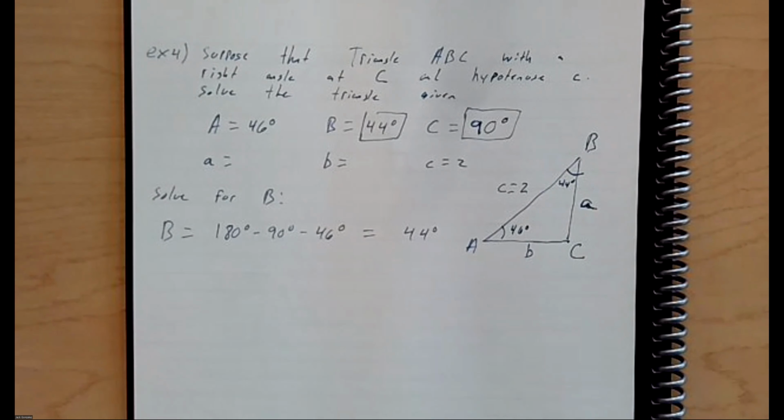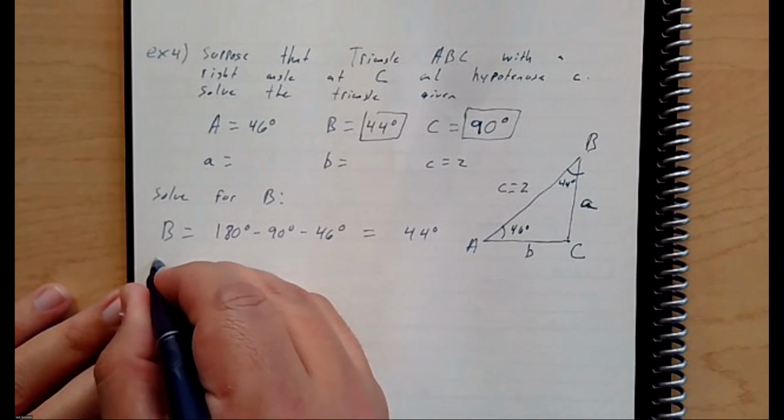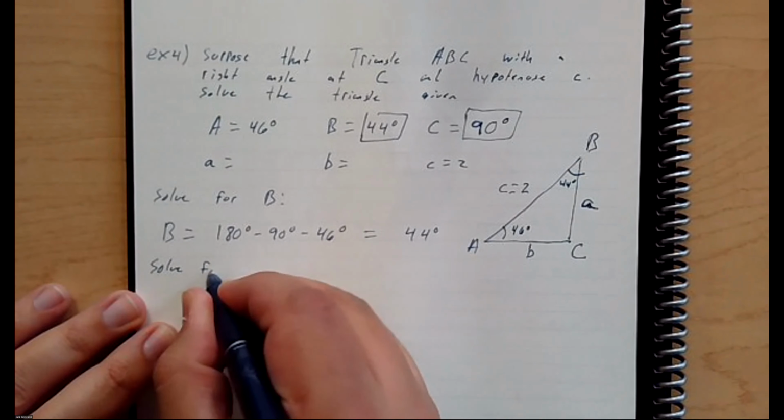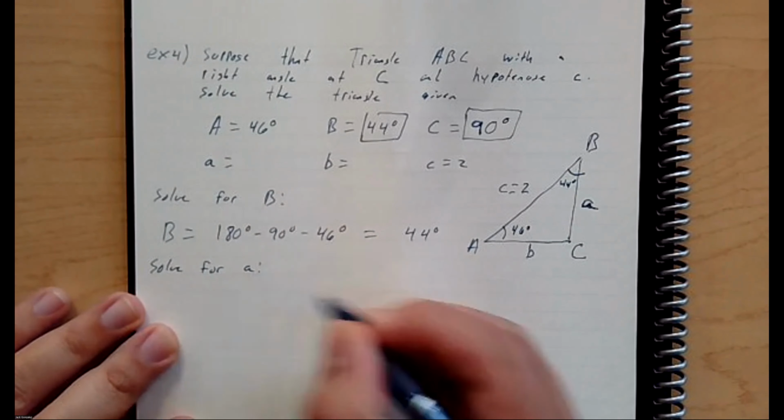If this helps, what trig function and angle would you use to find, let's say, lowercase a? What do you think? Yeah, sine of which angle? Okay. Let's do it right here. Solve for lowercase a.